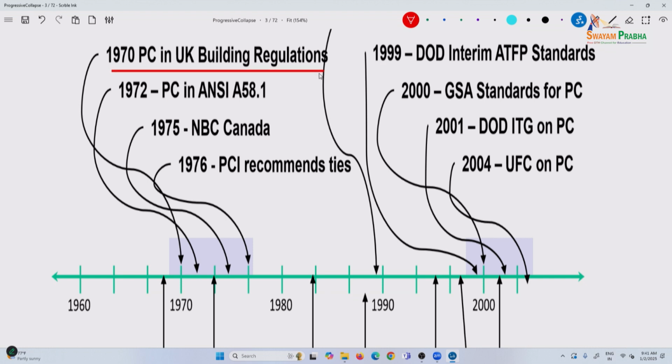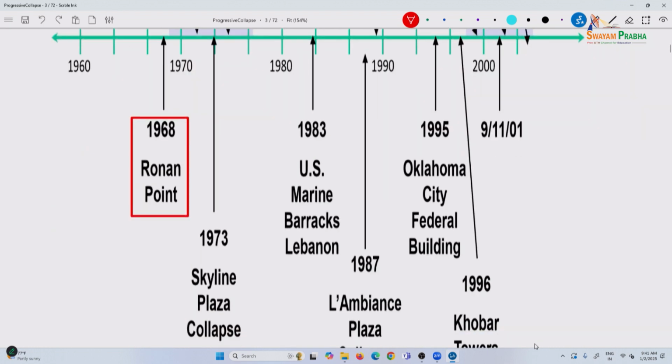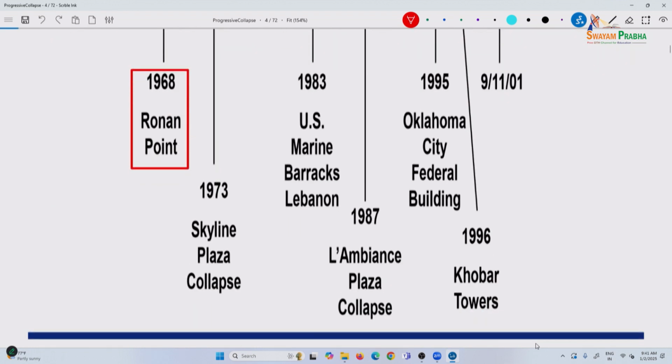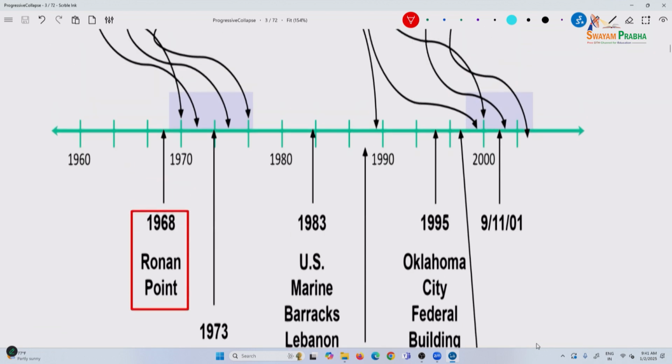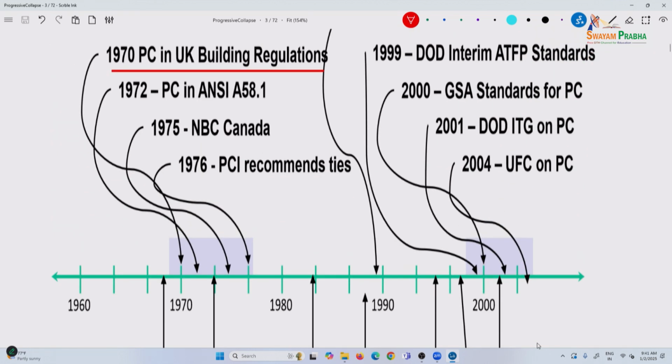In 1970 in the United Kingdom, this was in Scotland or Ireland, somewhere there, there was another plaza collapse, which was primarily due to progressive collapse. So this is the UK, and in 72 it was in the US.